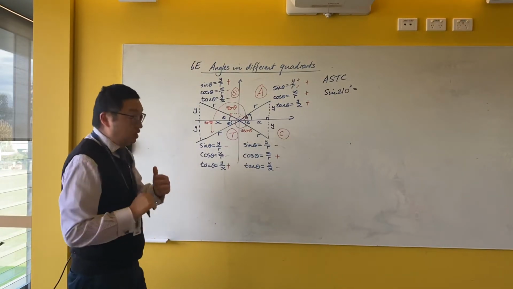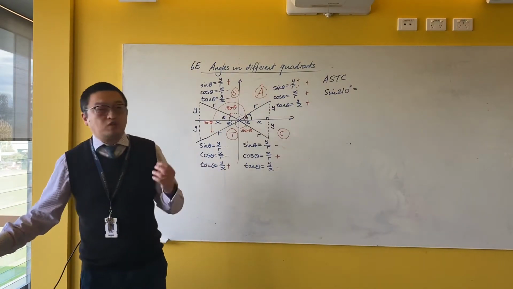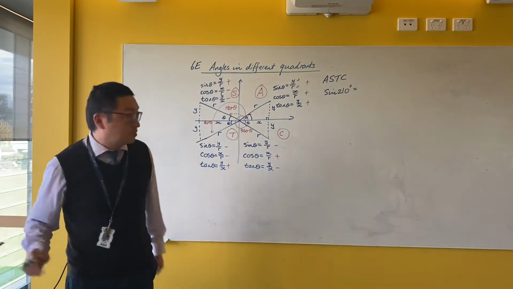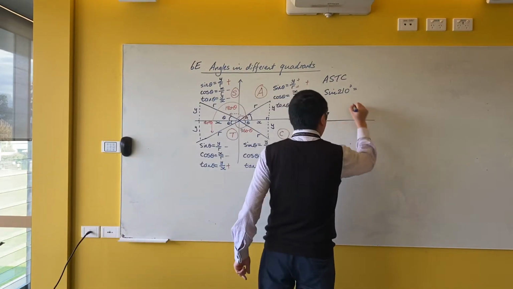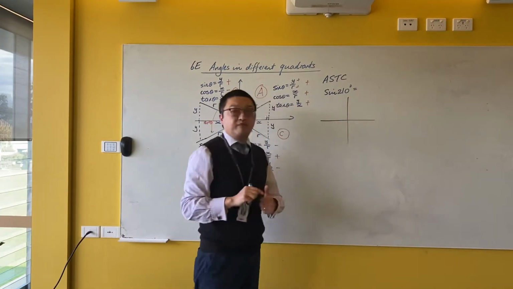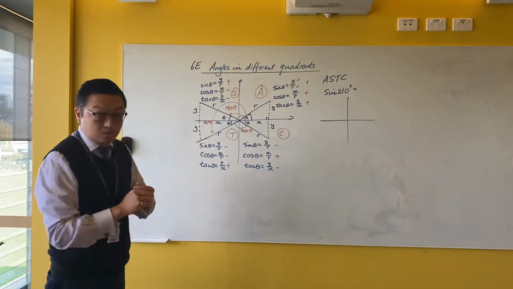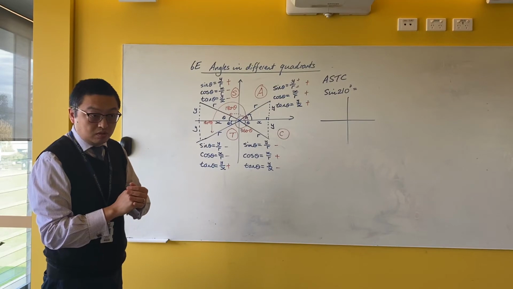Sine 210. Whenever you look at this sort of thing, you always have a look at where my angle is located first. In other words, before I worry about sine, cos, tan, where's the angle? The third quadrant.